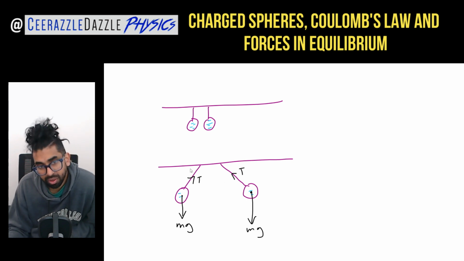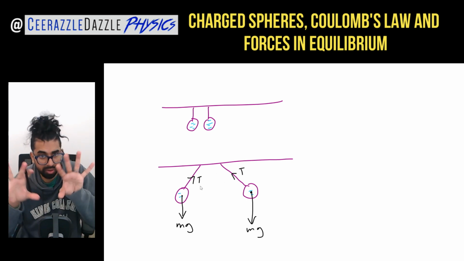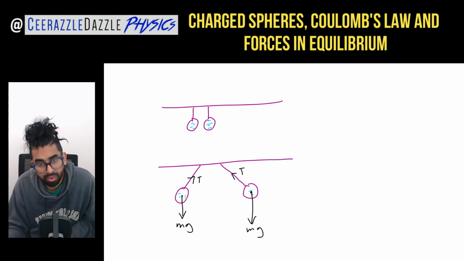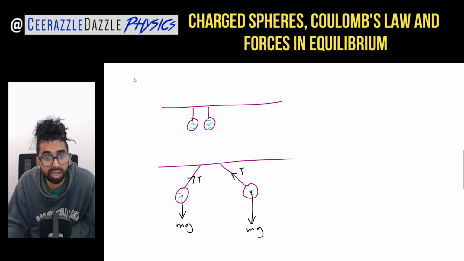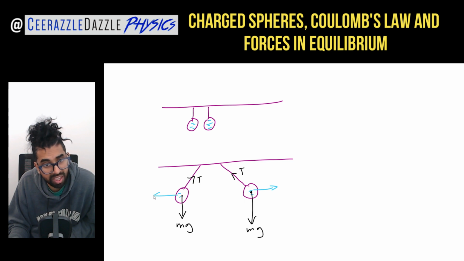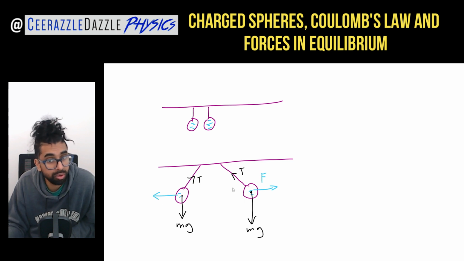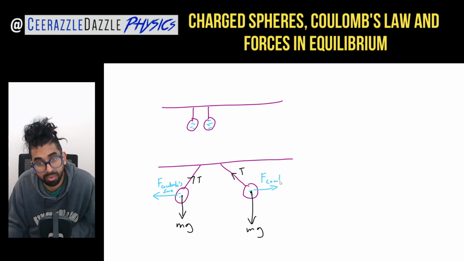But because the balloons are in equilibrium, so they're not moving, having moved apart, there will also be a repulsive force between them. That repulsive force will be given by Coulomb's law, which we just looked at. The force pushing outwards on each is given by Coulomb's law, so we'll call it F, Coulomb's force.